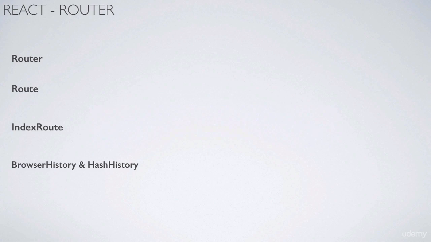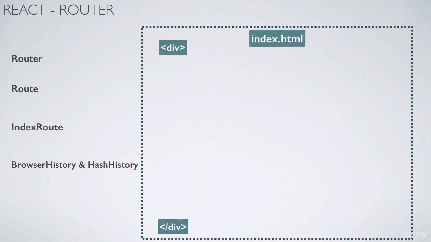Now let's see how React Router works in practice by taking our shopping cart as an example. We have one single HTML file. Inside index.html, we wrote a div tag, in which we pass our React components dynamically, and so they are rendered to the screen.